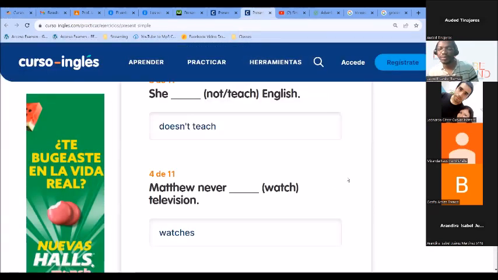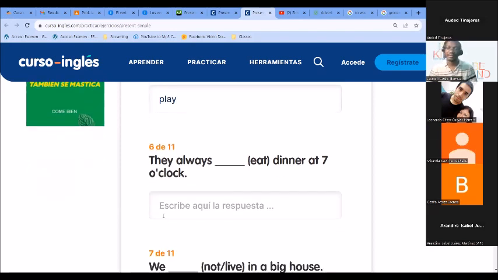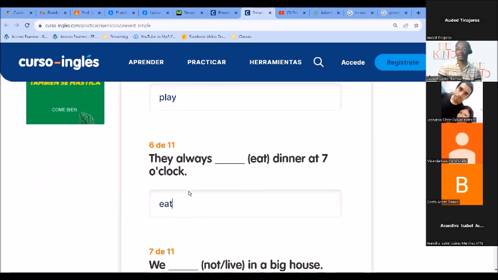Let's go to Natalie, number 5. Does she play football? Good. Alessandra, Lisette. They always eat dinner at 7 o'clock. Good. And Betty.